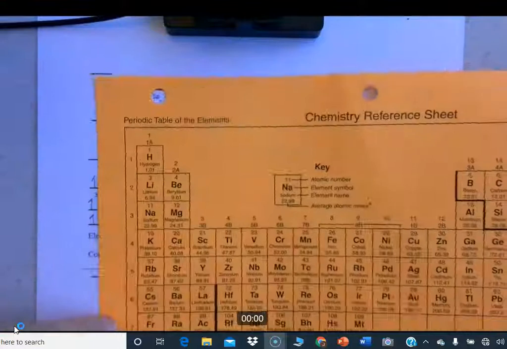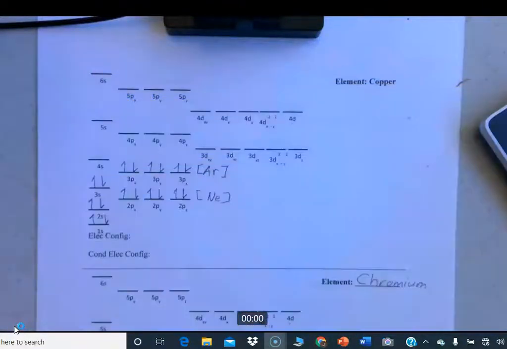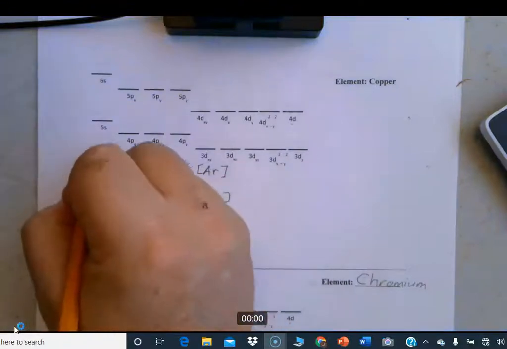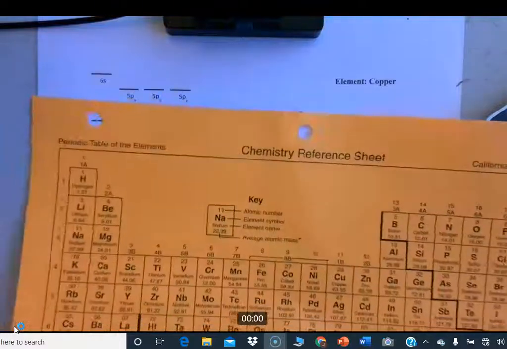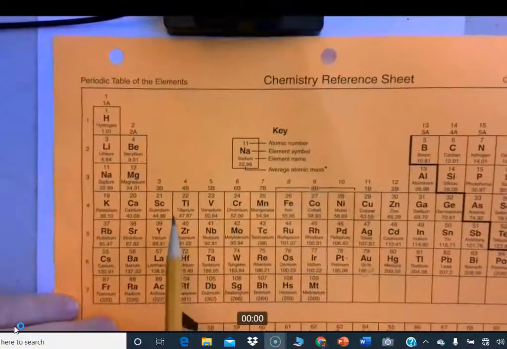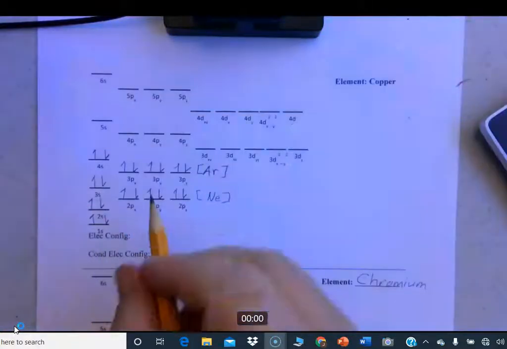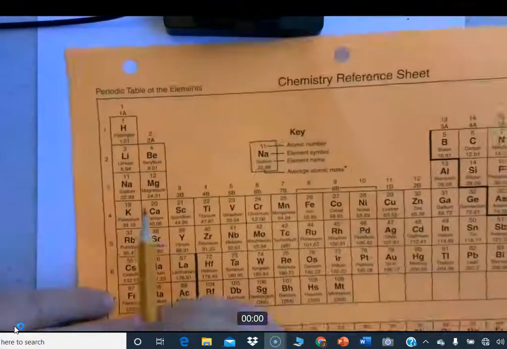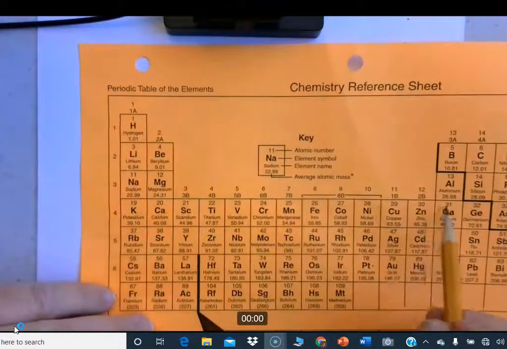Now you go to 4s. And now a funny thing happens here. You got potassium and calcium. So we're going to put 1, 2, and now we're going to go all the way to copper. So it's 1, 2, 3, 4, 5. So now you're into the 3d orbital. Again, just follow the periodic table across, so you go from 4s to 3d.